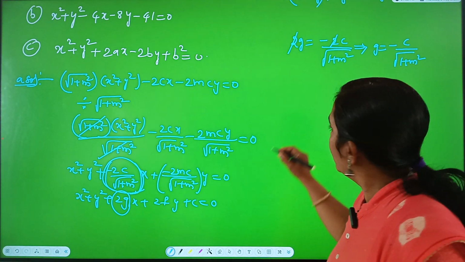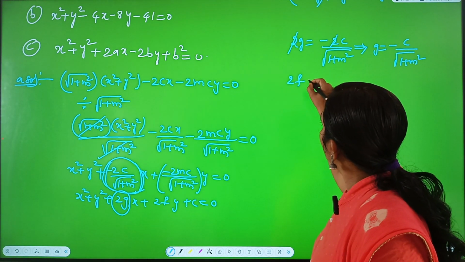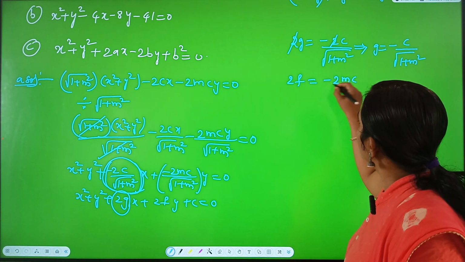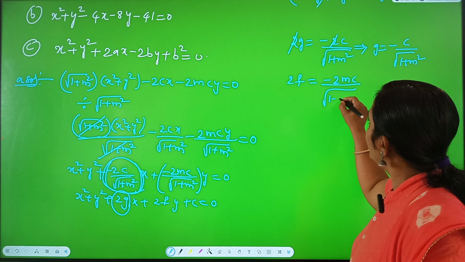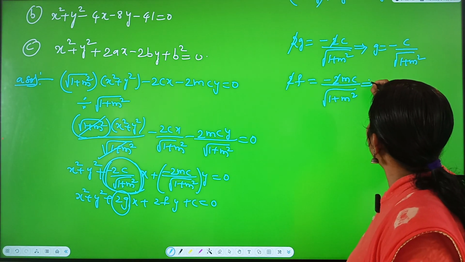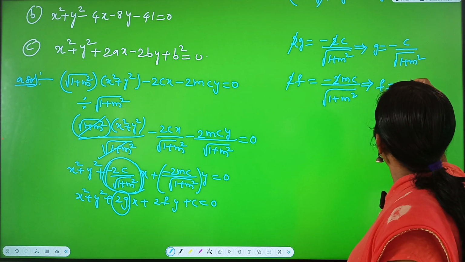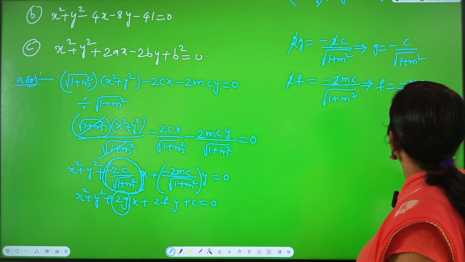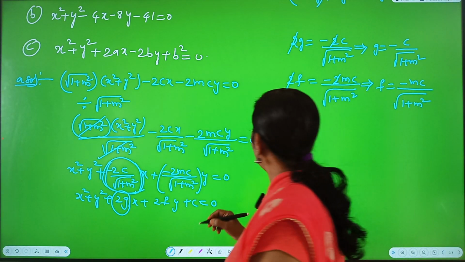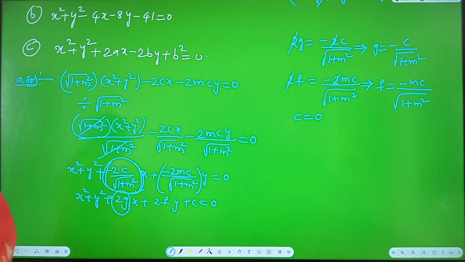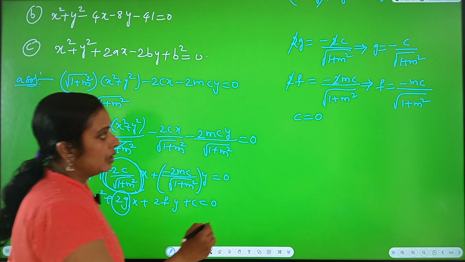Okay. Comparing y coefficients, 2f equal to minus 2mc over under root of 1 plus m square. Here 2 cancels. What is f? f equal to minus mc over under root of 1 plus m square. Whatever the constant, there is no constant term, so c equal to 0.